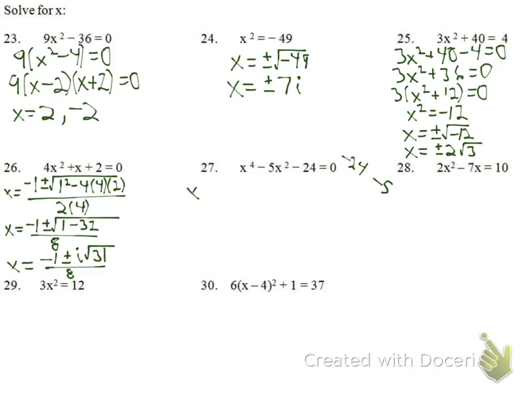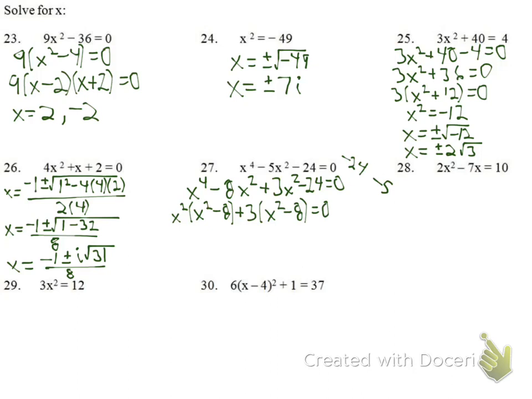So we're going to say x to the fourth minus 8x squared plus 3x squared minus 24 equals 0. Factor by grouping: my first two terms I can take out an x squared, leaves me with x squared minus 8. Second two terms I can take out a 3, that leaves me with an x squared minus 8.